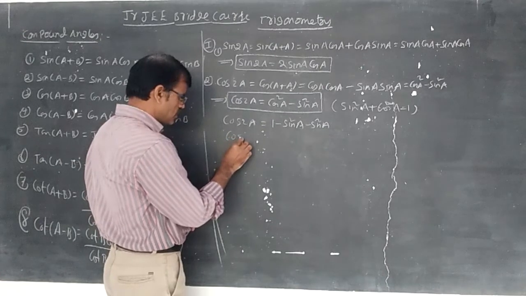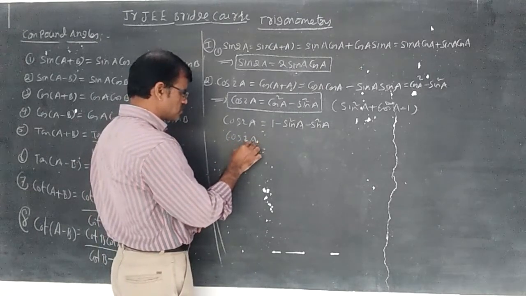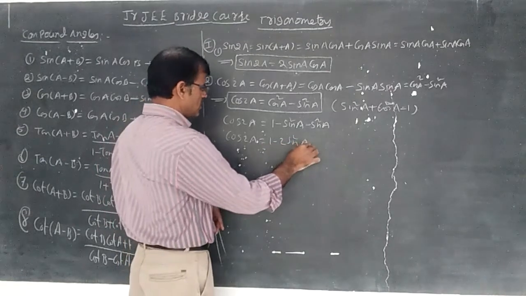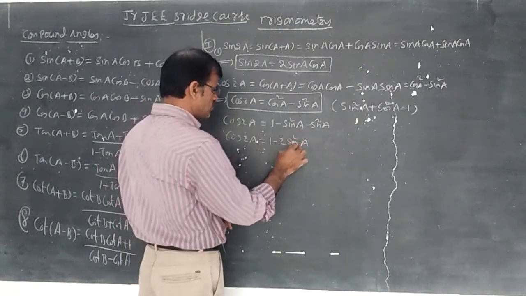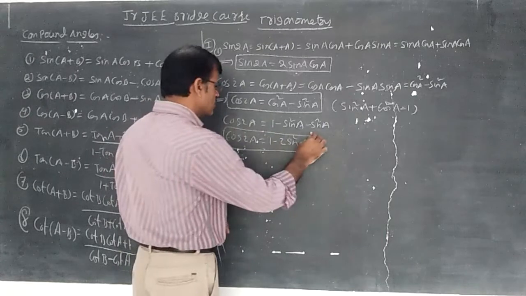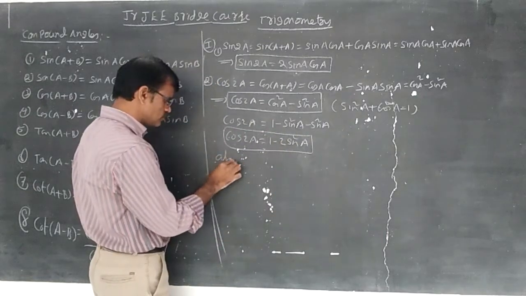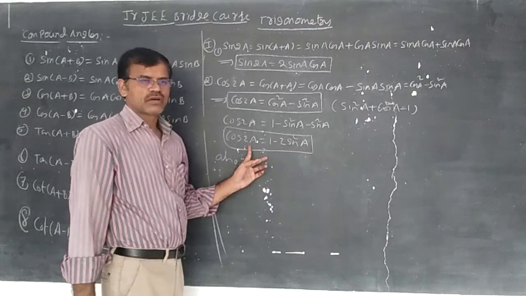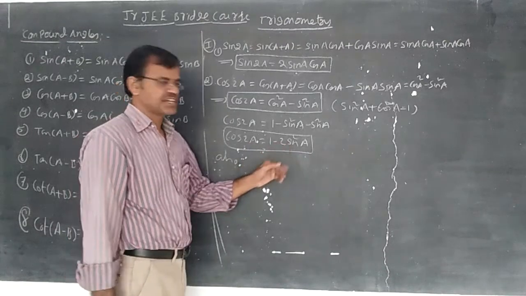Therefore, you can write the formula cos 2a as 1 minus 2 sin square a. This is called the formula of cos 2a in terms of sin.